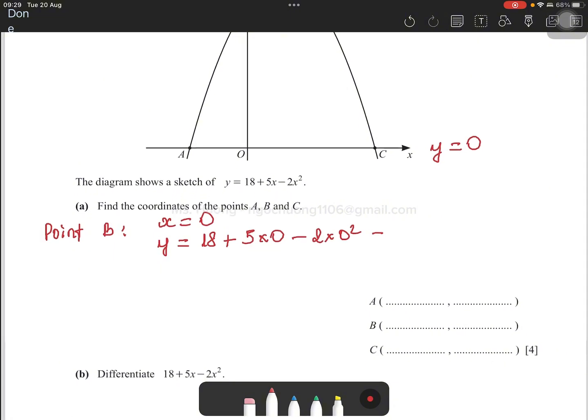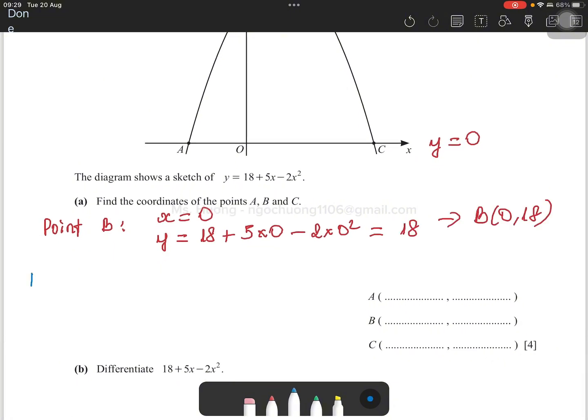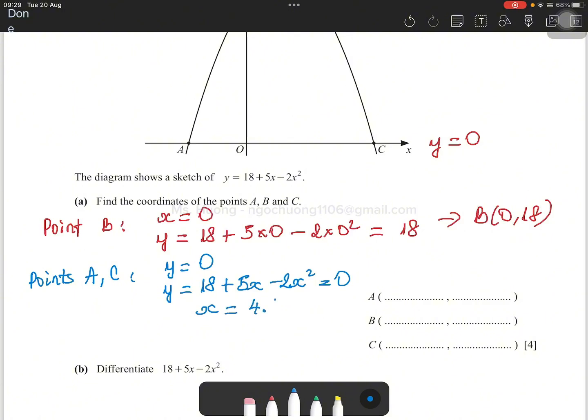And to find the points A and C, we substitute y equals 0 into the equation. So the equation is 18 plus 5x minus 2x squared equals 0. We can solve this quadratic equation using a calculator. So you have two values, x is 4.5 or x is negative 2.